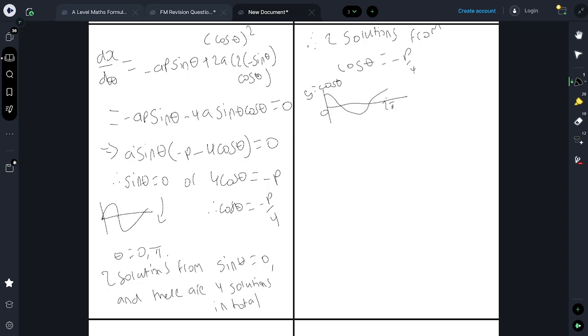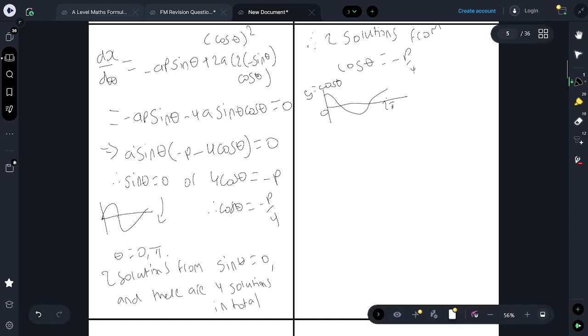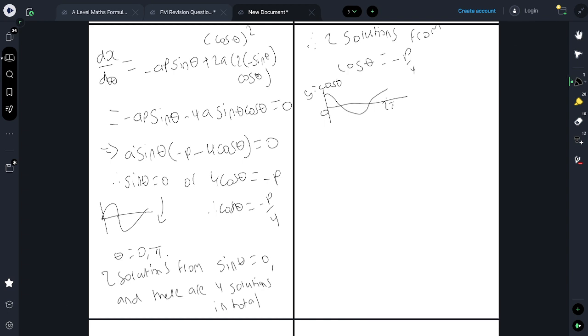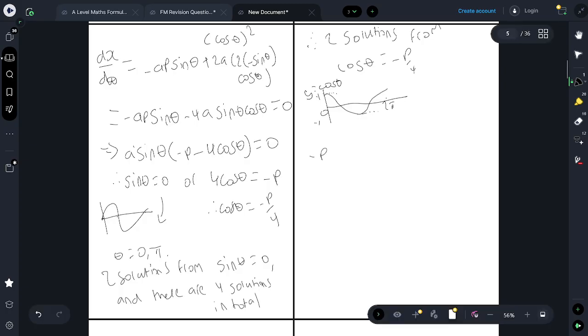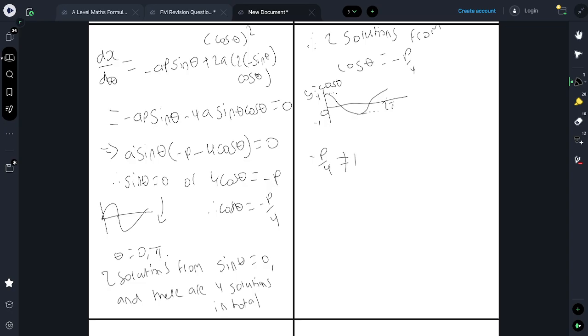There we are. Well, clearly when it reaches the peaks, right? So when y is 1 or minus 1, you only have one solution. So that means minus p over 4 cannot be equal to 1 or minus 1.